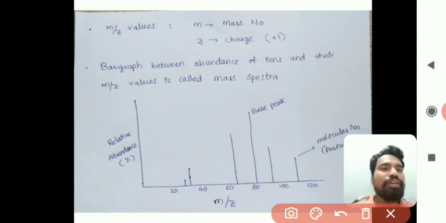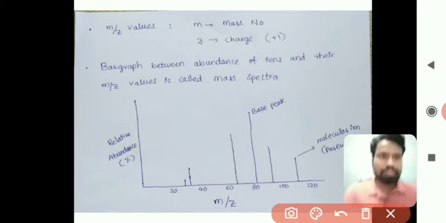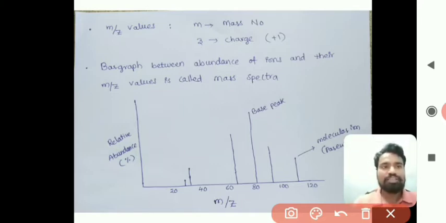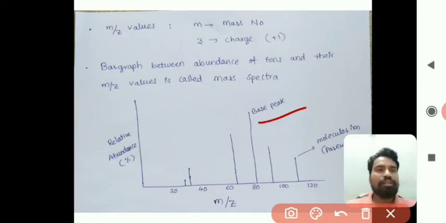So in this way we will represent the mass spectra of organic molecules based on their relative abundance. Relative abundance depends upon nothing but the stability of the molecules. So the carbocation which has the highest stability has the highest relative abundance, so that peak is very high, and that is called the base peak.